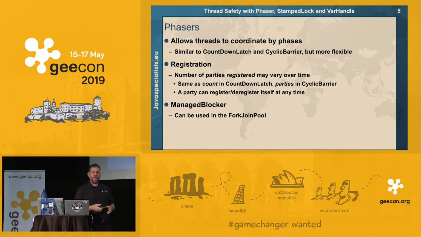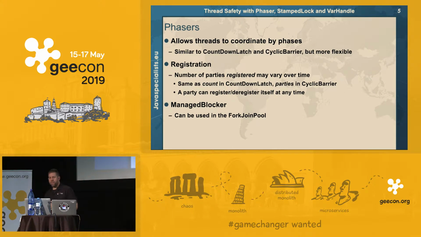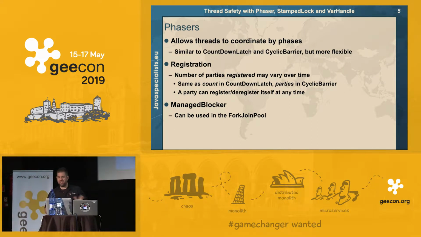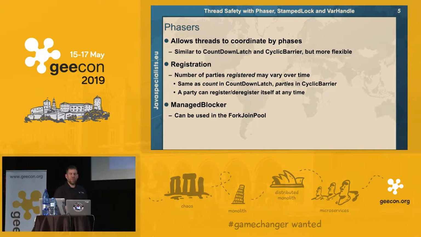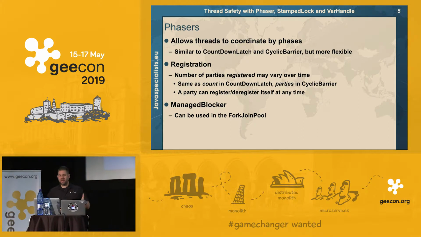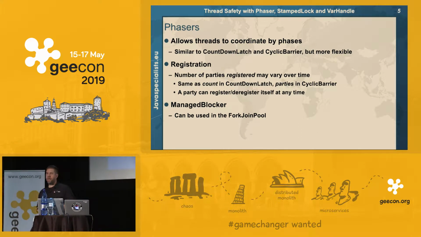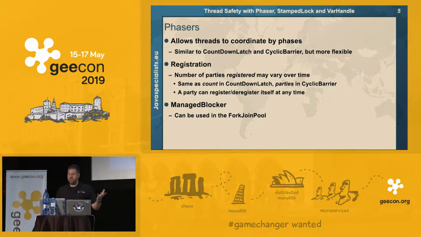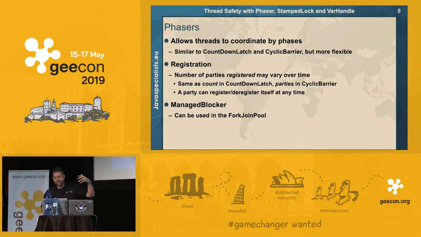One of the things with Phaser is that you can register and deregister parties over time. And this is similar to what you'd call count in CountDownLatch or parties in CyclicBarrier. It is also one of the few classes which integrates with the ForkJoinPool. It's a relatively new class, new as in Java 7, right? Which is, of course, not that new, but it's newer than Java 5, and ForkJoinPool was added in Java 7.